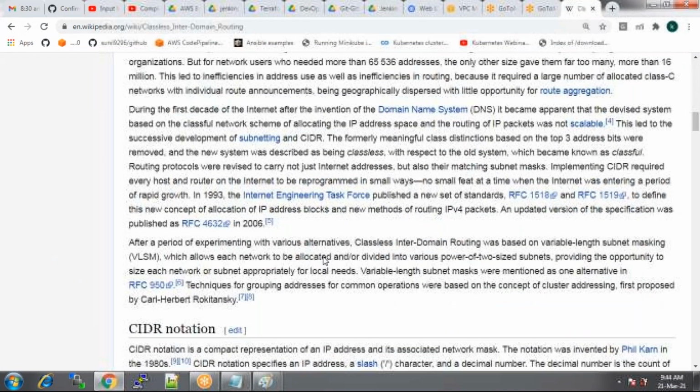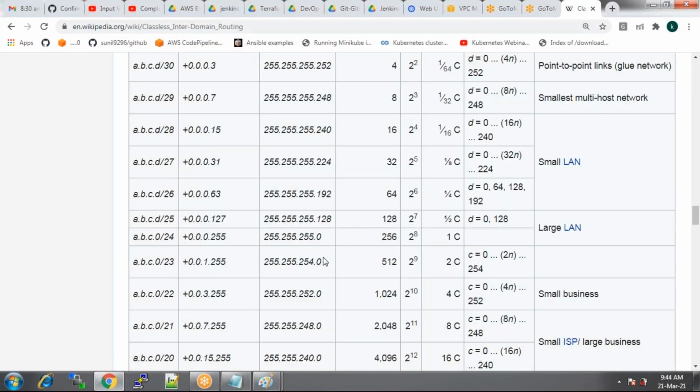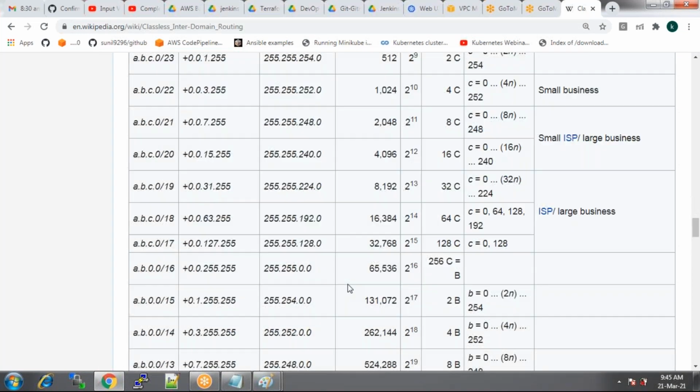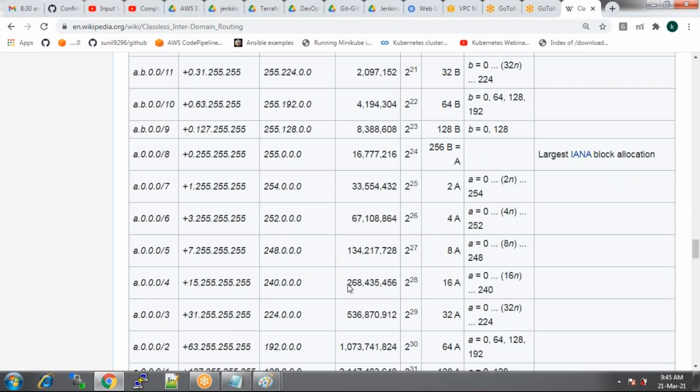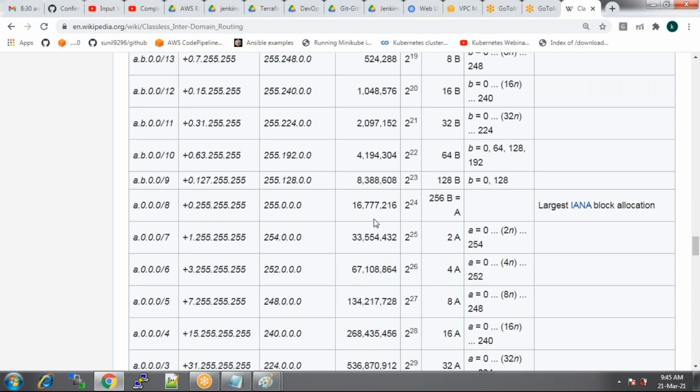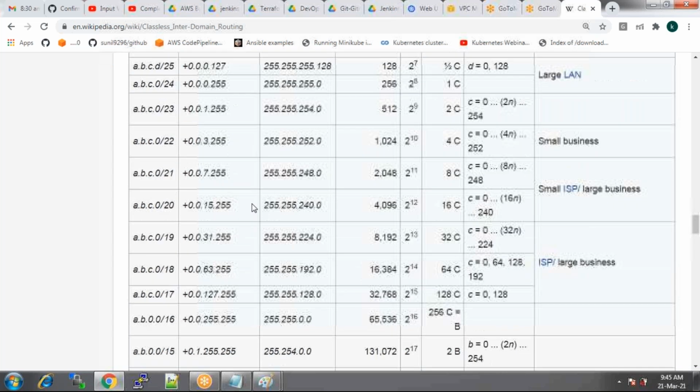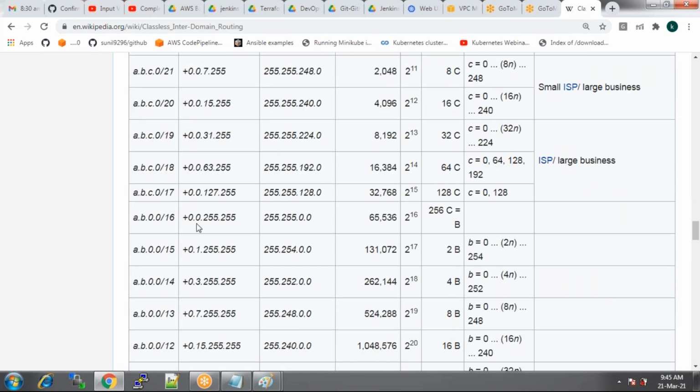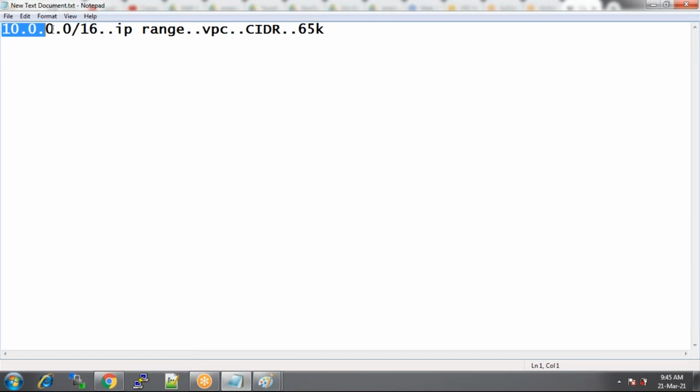Let me show you an example first. Class B, /16, 65,000. You see that? The same kind of IP range: 10.0.0.0/16. For example, I'm creating an instance in this VPC, let's say instance 1.